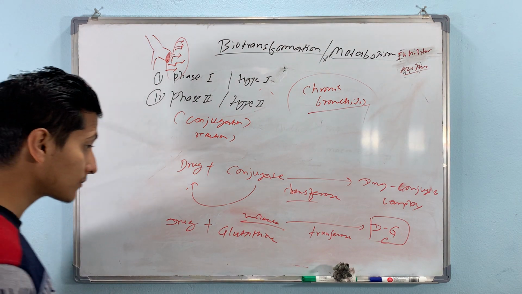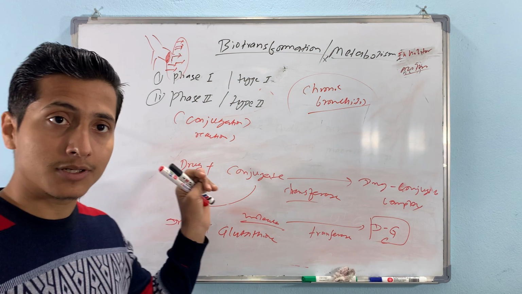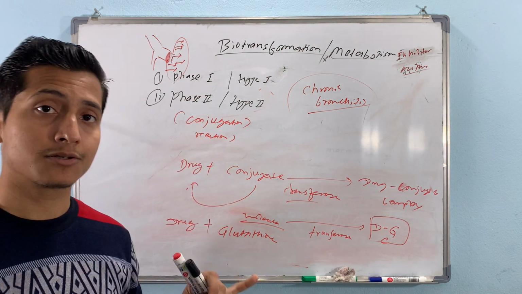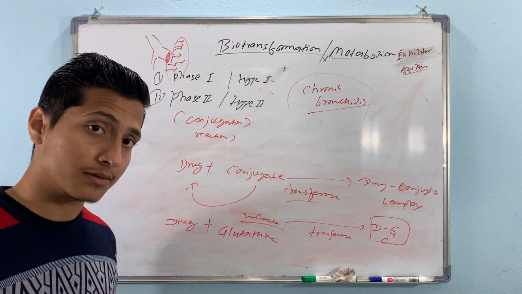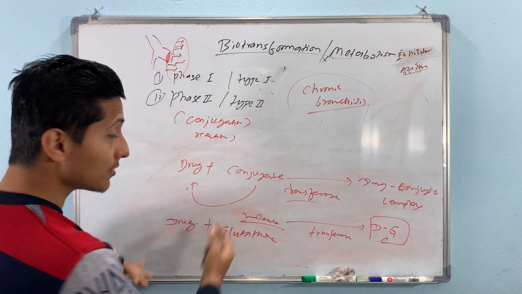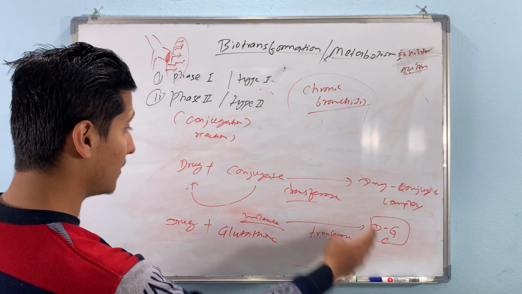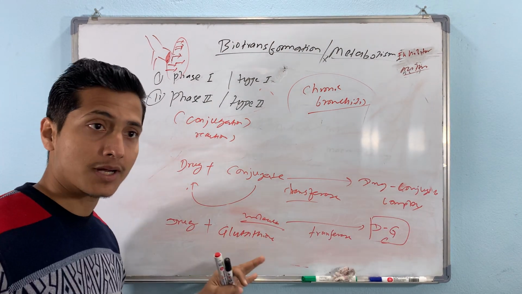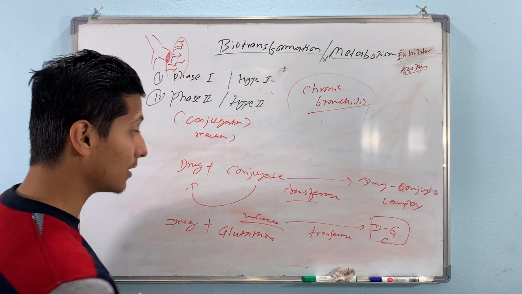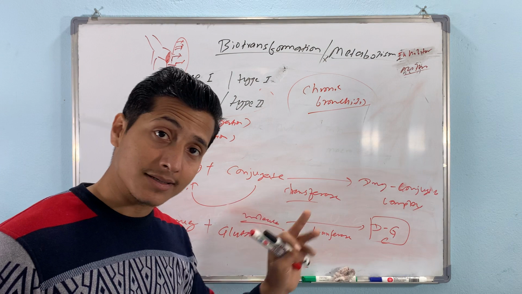Right, so out of all this, I just wanted to make clear that phase 2 or type 2 reaction is called conjugation reaction because it involves the transfer of a conjugate onto the drug, and that forms a drug and conjugate complex. If the conjugate is glucuronide, that's called glucuronide conjugation. If the conjugate is an acetyl group, that's acetyl conjugation.